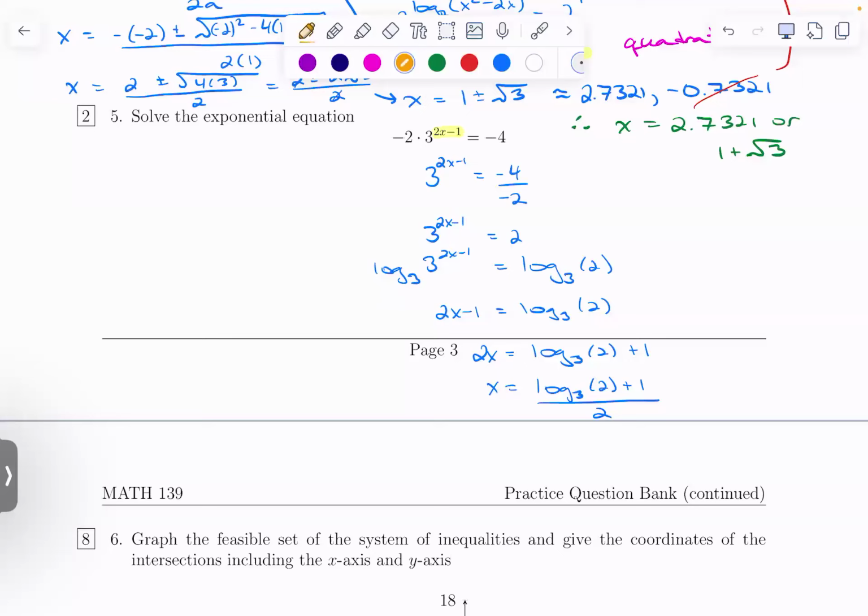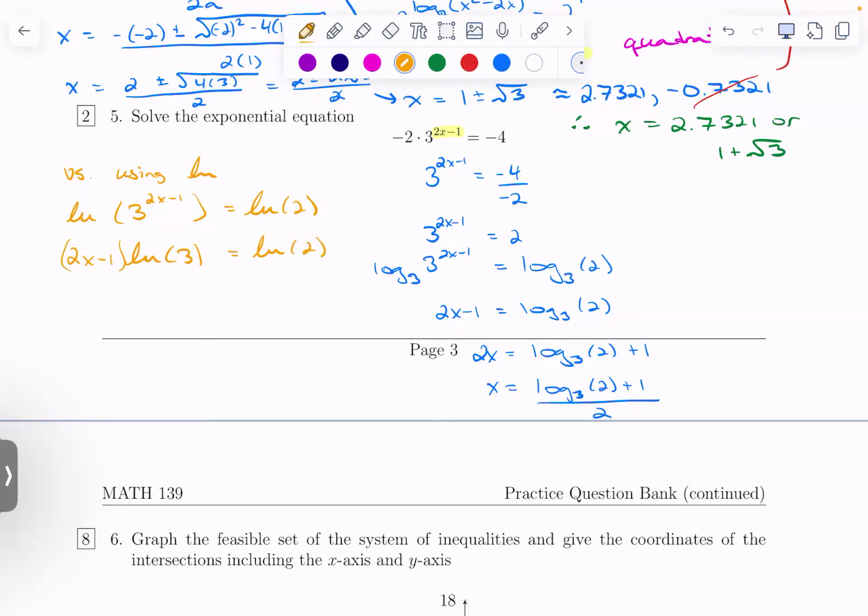How about versus using the natural log? Just to show you that they're the same. If I take the natural log of 3 to the 2x minus 1 is equal to the natural log of 2, I get 2x minus 1 times the log of 3 is equal to the natural log of 2.